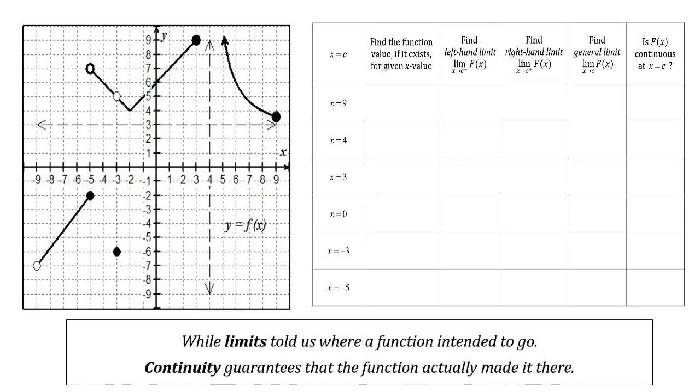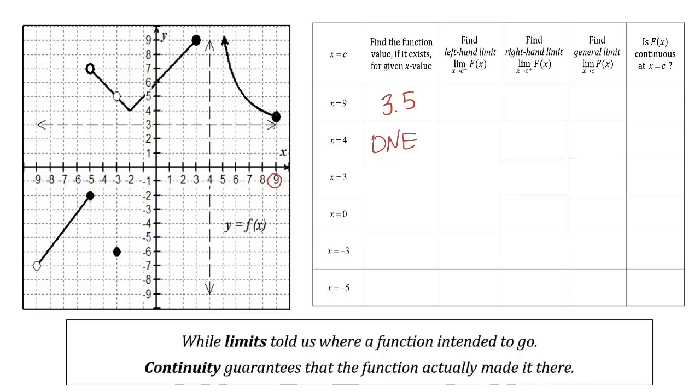If we go over to x being 9 and move up, notice that we're a little bit between 3 and 4. So the function's value when x is 9 is 3.5, something like that. And then let's look at when x is 4. Well, when x is 4, we don't have a given value. There's an asymptote there, so we're going to say does not exist.